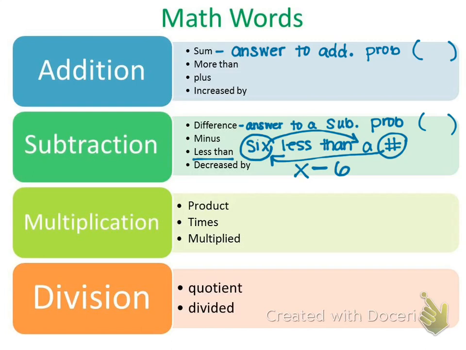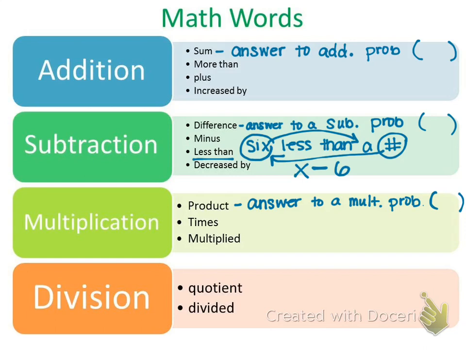Product. The word product means what? Who can guess? Answer to a multiplication problem. Write that down. And guess what I want you to use whenever you see this word?